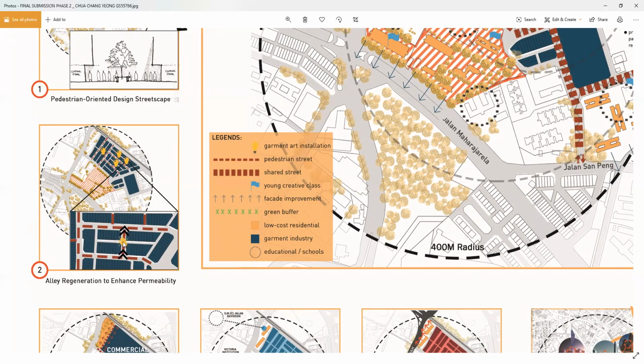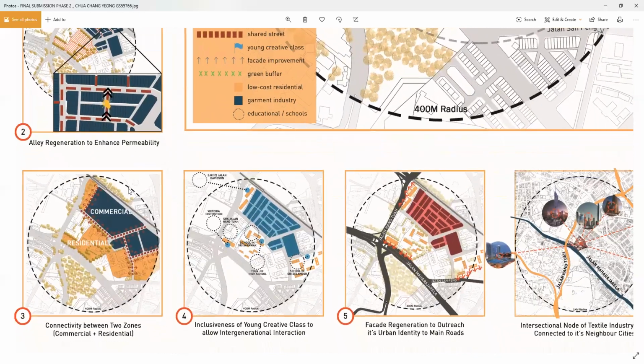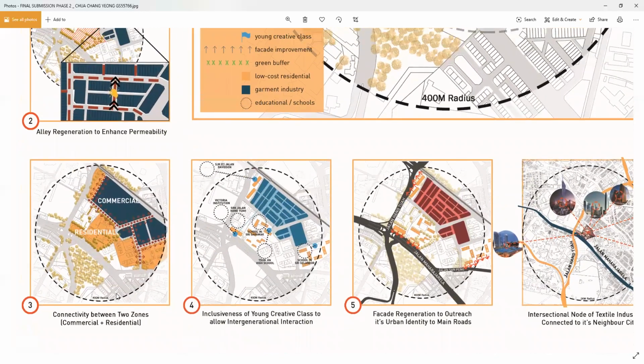to surprise them. Okay. And then the third one is the connectivity between two zones, the commercial and the residential zone. How am I going to improve the interconnectedness between the commercial and the residential? I'm trying to have a shared street, the dotted line here.